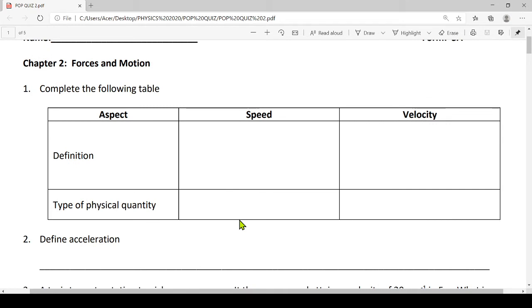Okay, first question, complete the following table. So, kita dibagi jadual di sini, speed, definisi. So, apa definisi untuk speed?